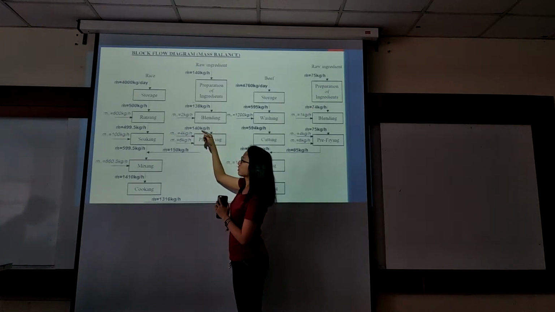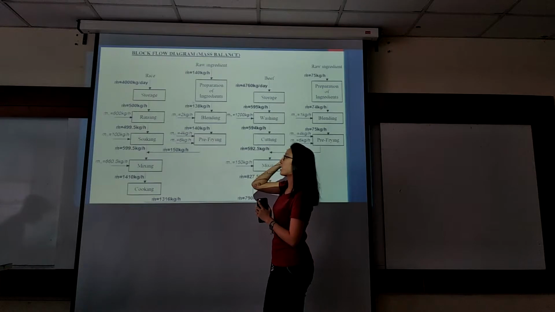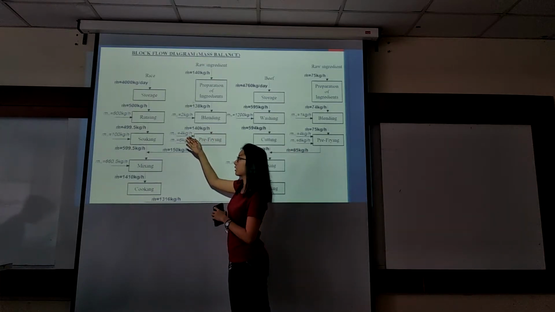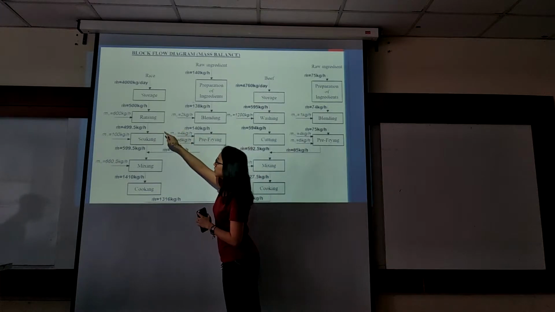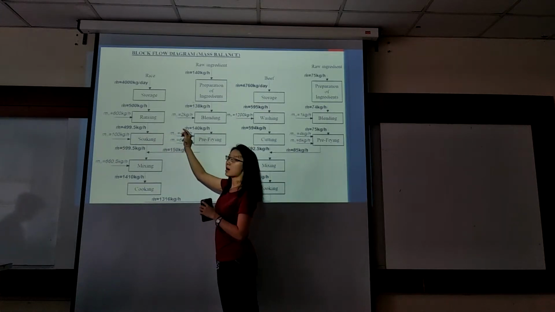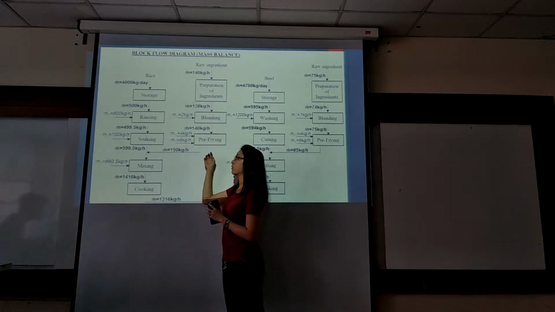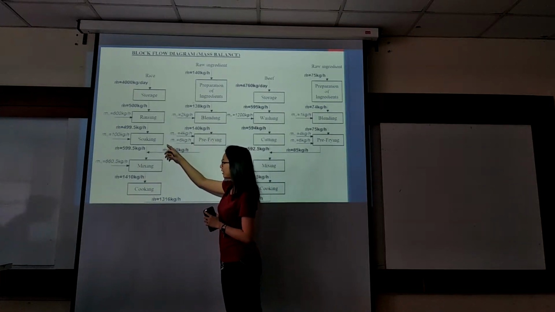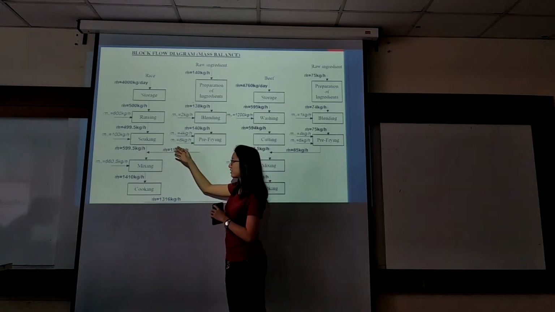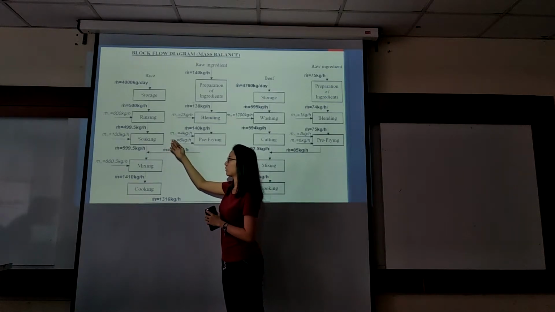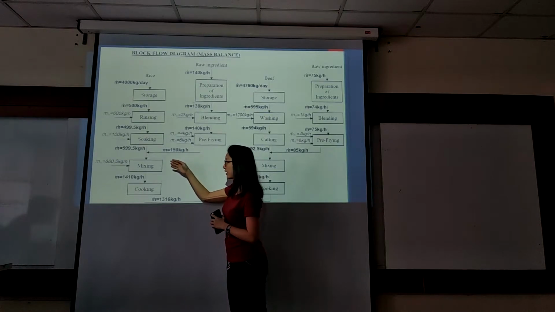So 500 kg per hour of rice will undergo the rinsing process. After the rinsing process, the outlet is 499.5 kg per hour of rice. You enter the soaking process, and because water is added, the outlet stream of the soaking is 599.5 kg per hour of rice.